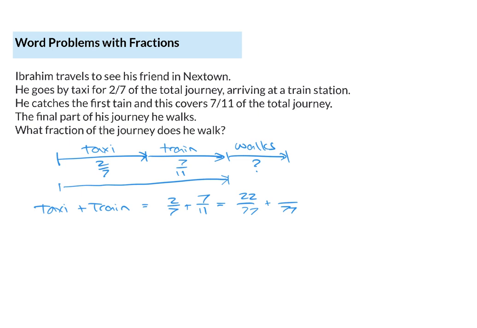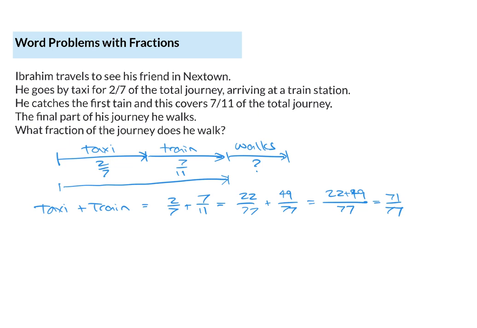And then 7/11 is going to be 49/77, multiplying top and bottom by 7. The rules of adding fractions, the denominators have to be the same. They are. So I'm just going to do the tops added together, 22 plus 49. So 22 plus 49, that's going to give me 71/77.